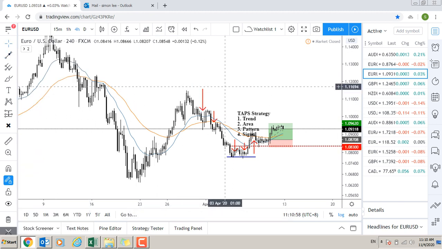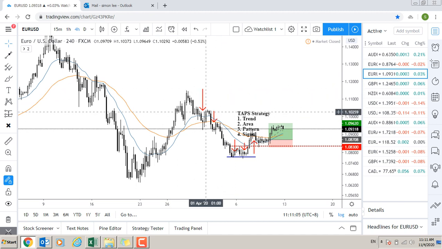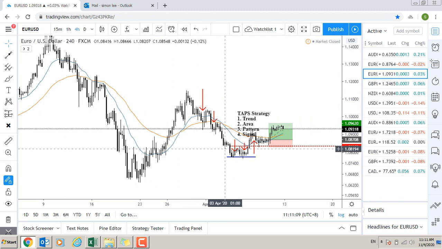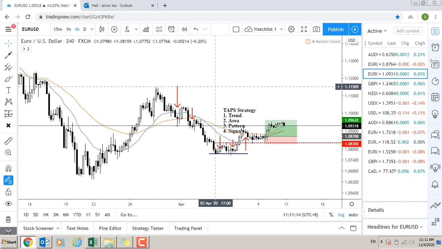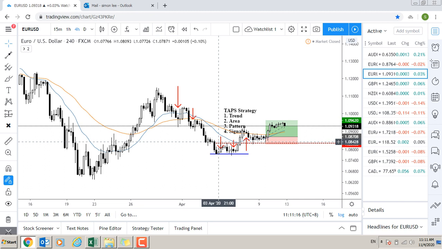So basically it's on the downside. What we want to do is, when we have confirmations like lower high and lower low, we know the trend is currently a downtrend.